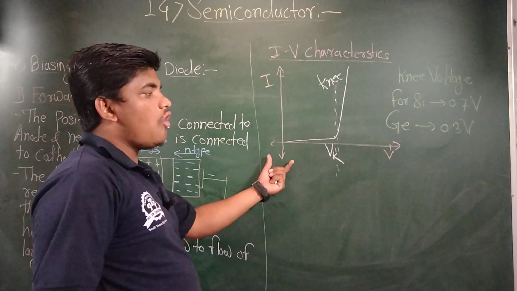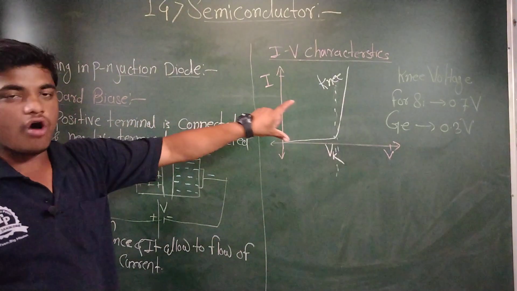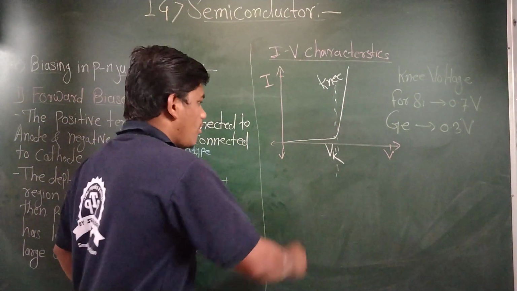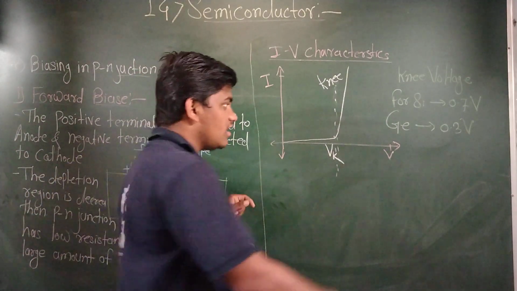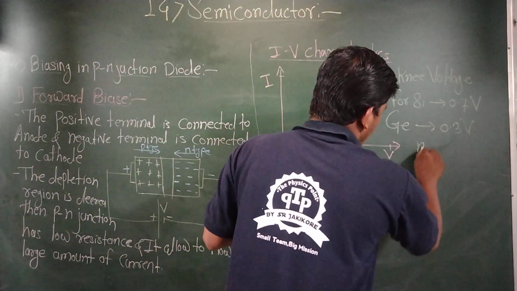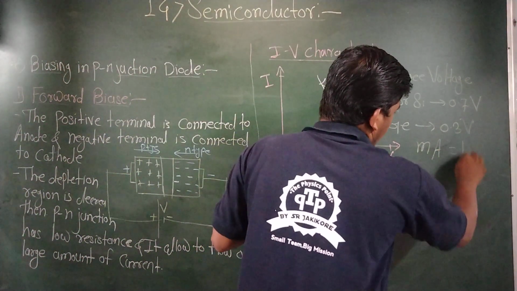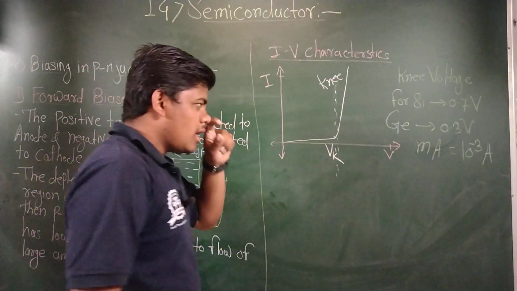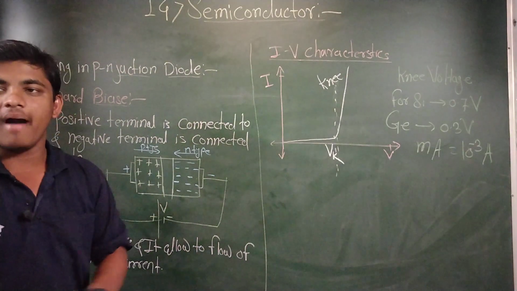The amount of current flow in the forward bias region is in the form of milliamperes, that means 10⁻³ amperes. This is all about forward biasing.